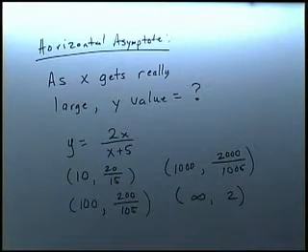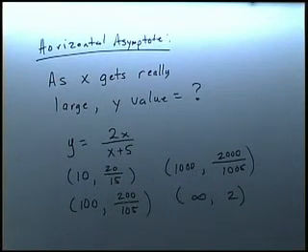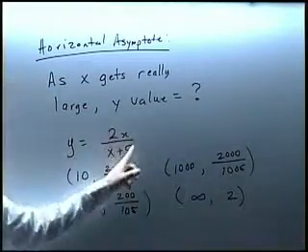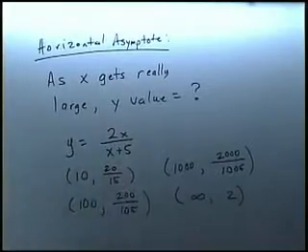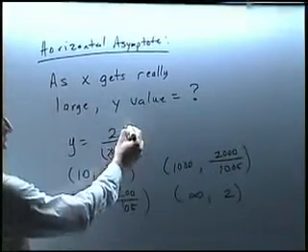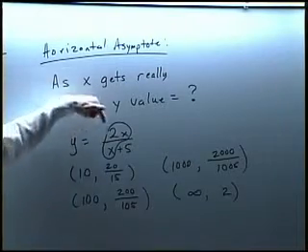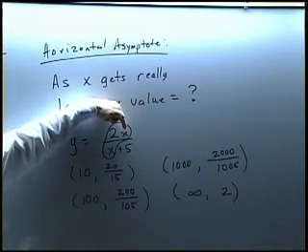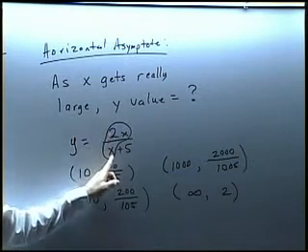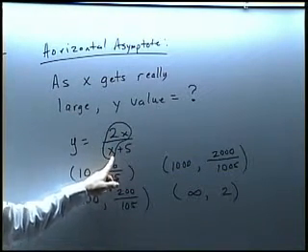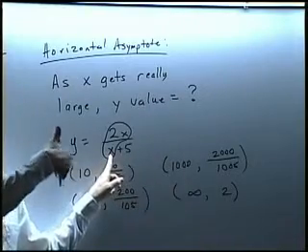Now, in college algebra, I teach horizontal asymptotes this way as well. And where does it look like this 2 is coming from? Back in our equation over here. Well, if we look at the strongest terms in the numerator and the denominator, of course, this is the strongest term up here because it's the only term, but this term is stronger down here because it is an x. And as the x's get bigger, this number gets really big.